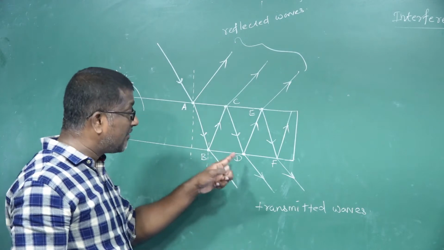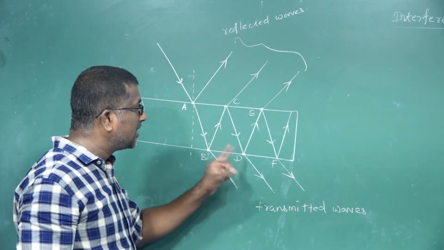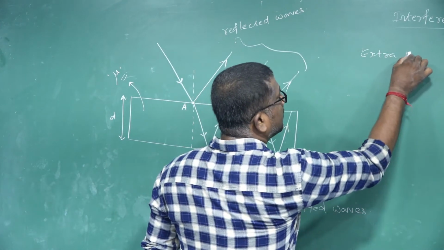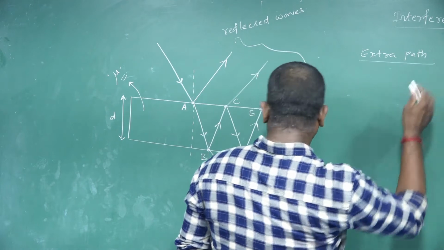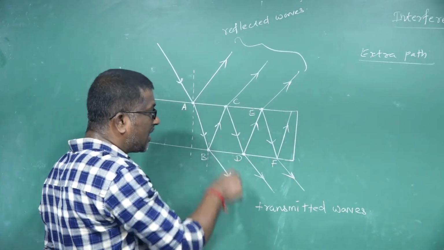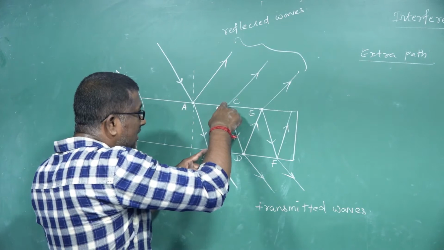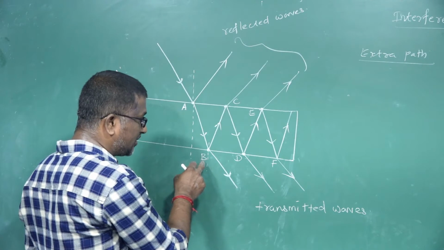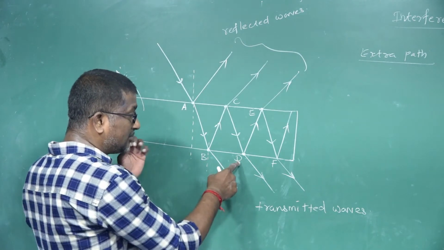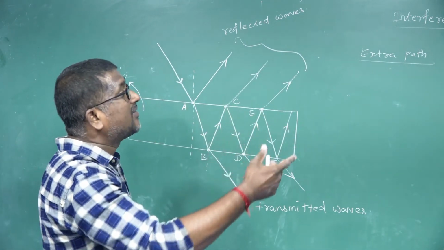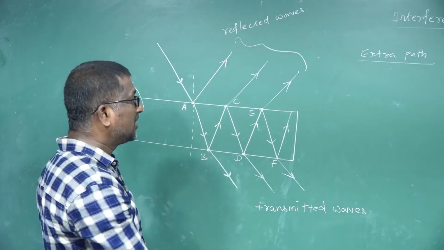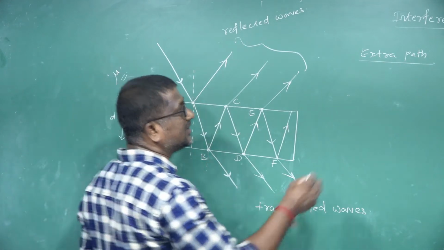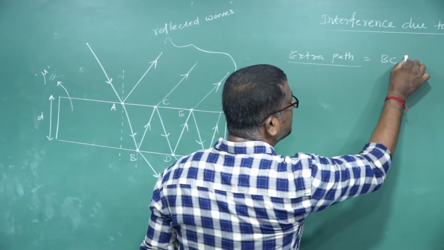When we compare it to the transmitted wave from the point B, the extra path travelled by the transmitted wave from the point D is BC plus CD.